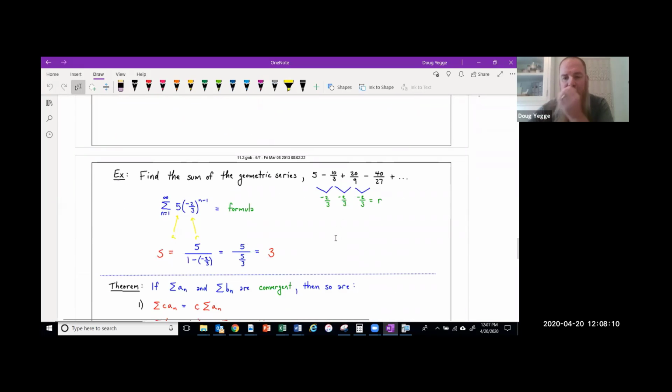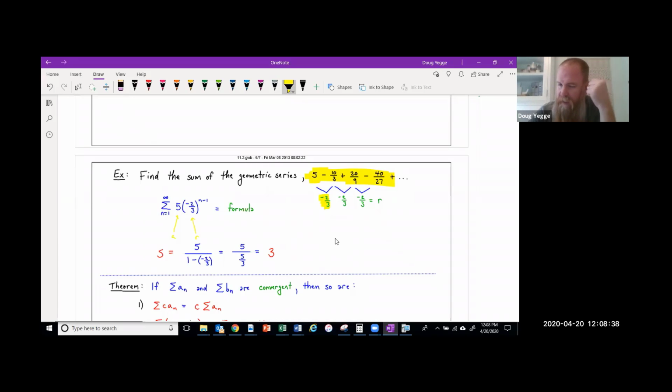So I want to just look at this sum right here. So here's a sum that I didn't know what the formula was. So the first thing was to come up with a sequence here. The first thing I might recognize is that in order to get from 5 to -10/3, I multiplied by -2/3.